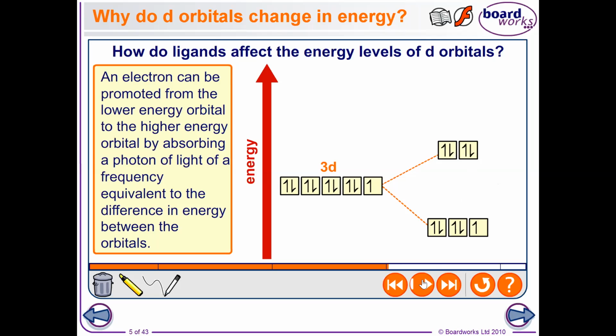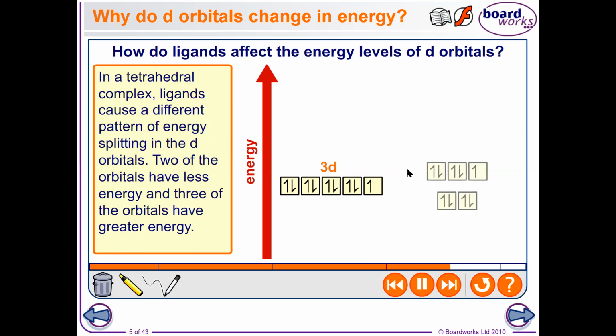Now, in a tetrahedral complex, ligands cause a different pattern of energy splitting in the d orbitals. Two of the orbitals have less energy, while three of them have greater energy. So this is for the tetrahedral complex.